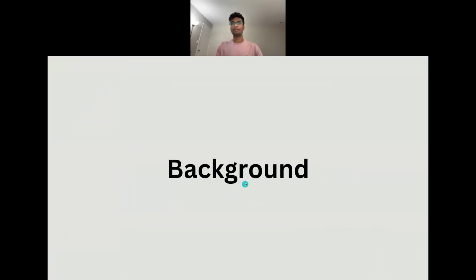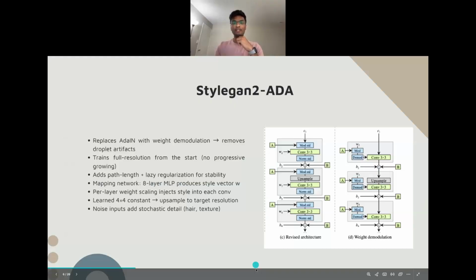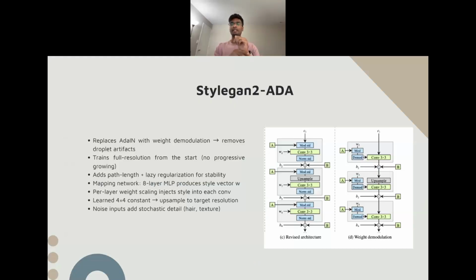Coming to the background, my motivation is to use the StyleGAN architecture itself. StyleGAN gives a very good architecture where it has an 8-layer mapping network. It takes a Z and passes it through the 8-layer MLP.